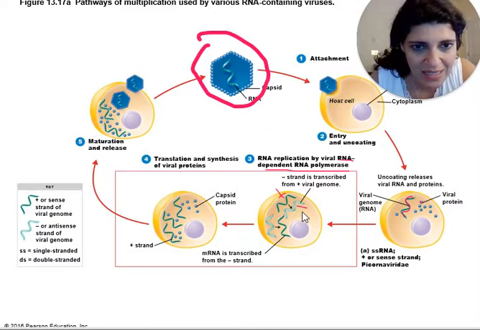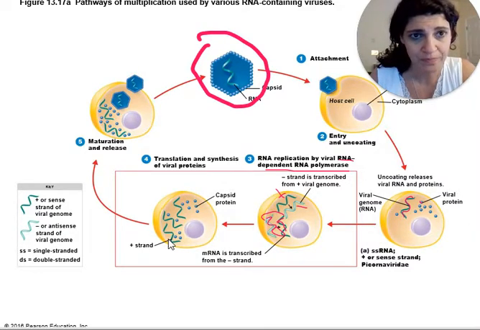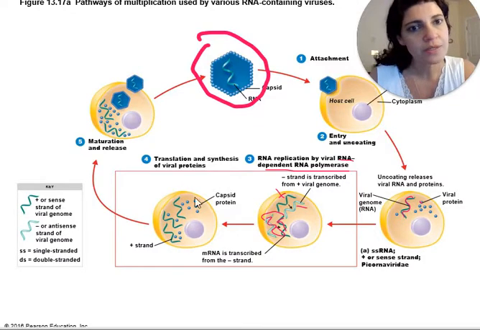So then this negative one is this one. And this one here is making many positive ones. You see how now you have three positive RNAs, because you use the negative, which is the complementary, to make it. Okay. Once you make the RNA, what else do you need to make?